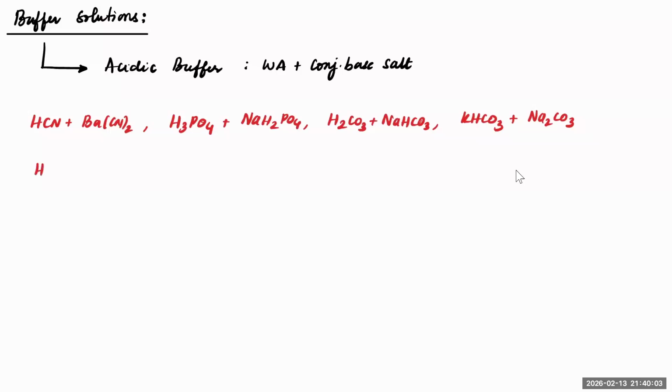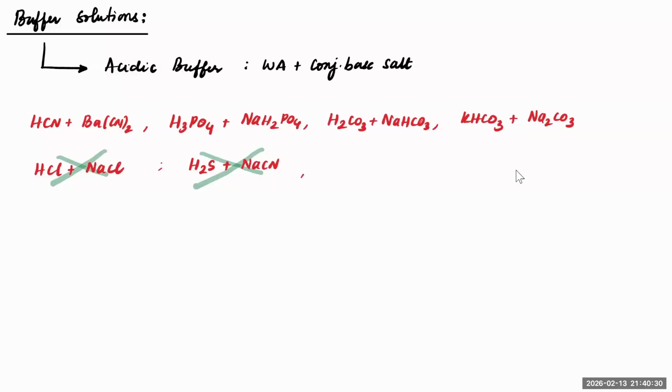If at all I take HCl plus NaCl, can we consider this as a buffer here? No, because HCl is a strong acid. Likewise, if you have H2S and I'm treating this with NaCN, can this be considered as buffer? No, because we have a weak acid, but we do not have its conjugate base. Got it? These are not buffer solutions. Clear?